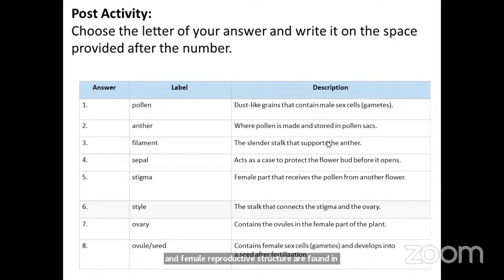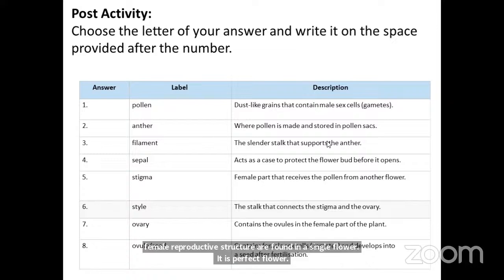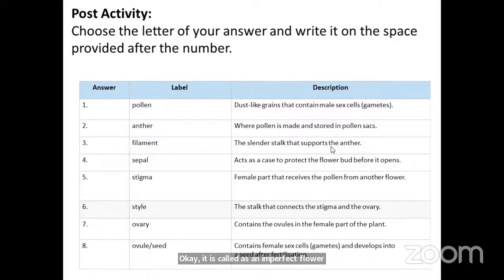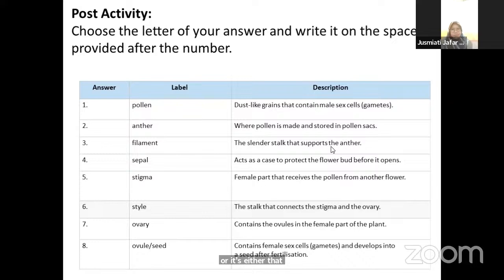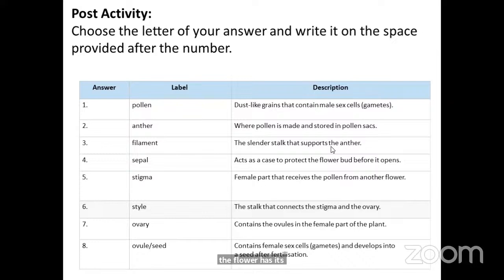It is called imperfect if the flower has its stamen only, or it has its carpel or pistil only. One of the reproductive structures is missing, so it is considered imperfect.